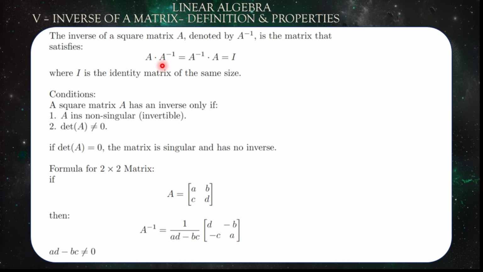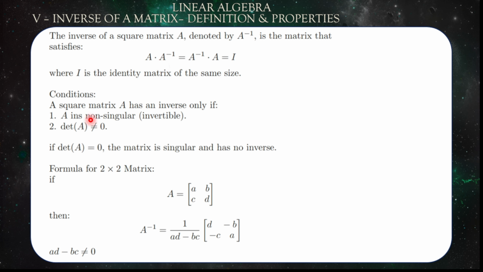The identity matrix has ones on the diagonal, and all the other elements within the matrix have the value of 0, except for the diagonal, which has the value of 1.